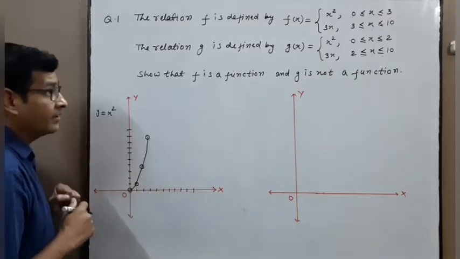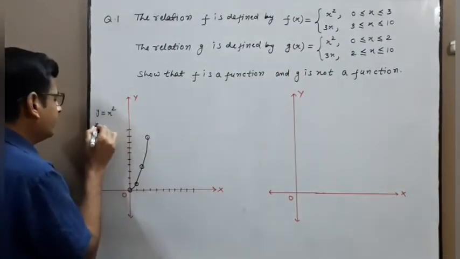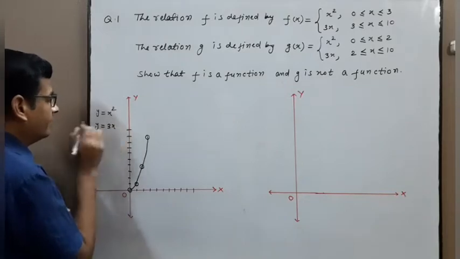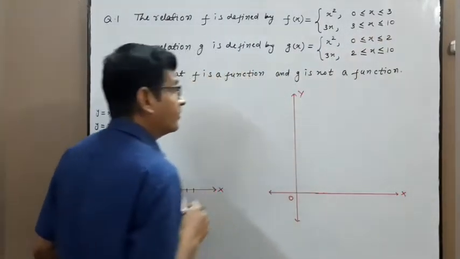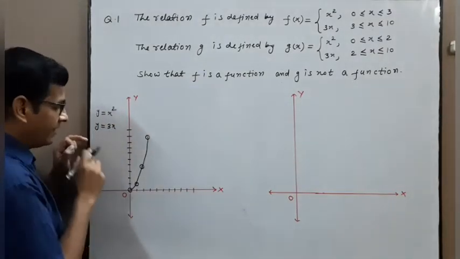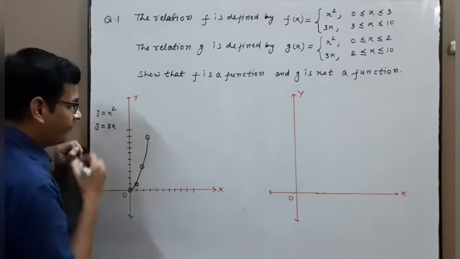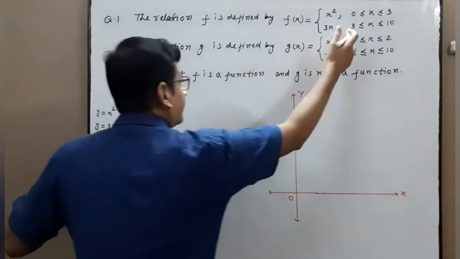to 3. Now draw the graph of y equal to 3x. y equal to 3x is a straight line between 3 to 10. So at x equal to 3, the value of y is 9. So the starting point is the same. After this 3, take the next point 4.